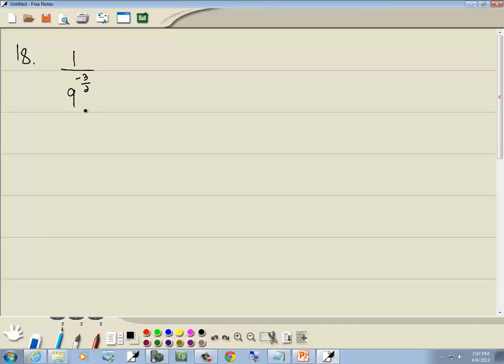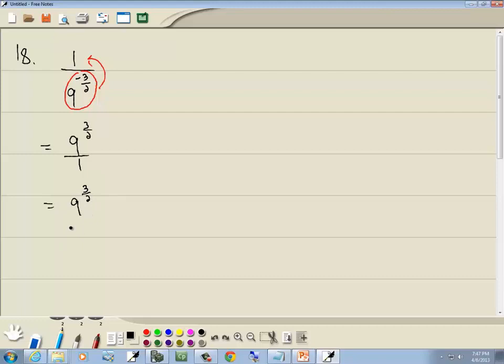Again, we never want negative exponents. So I'm going to take that 9 to the negative 3/2 and move it to the top. And again, when you move anything opposite where it's at in a fraction, the sign of the exponent changes. So it becomes 9 to the 3/2 over 1. Of course, that 1 can disappear, so we got 9 to the 3/2.